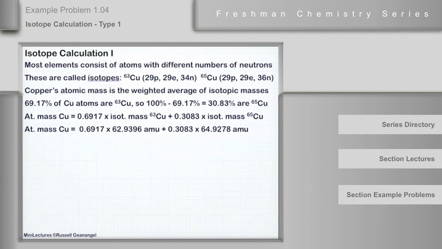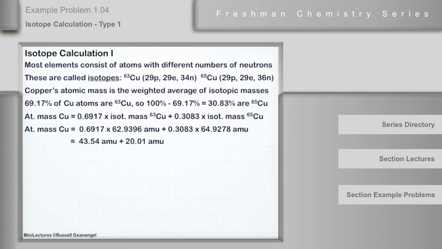So if we put in the numbers, 0.6917 abundance decimal fraction times 62.9396, the isotopic mass in AMUs of copper 63, and then we add that to the same thing done for copper 65, its abundance in decimal fraction 0.3083 times its isotopic mass, which is 64.9278, gives the two contributions of the isotopes to the overall atomic mass.